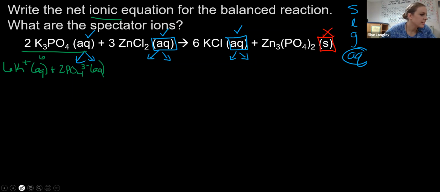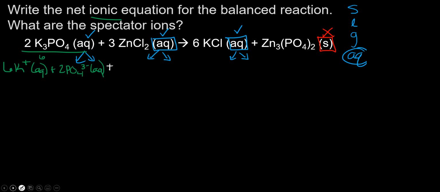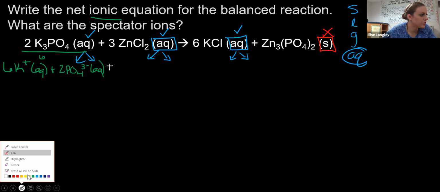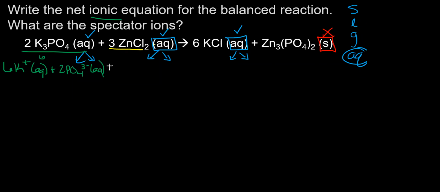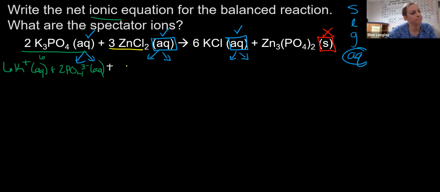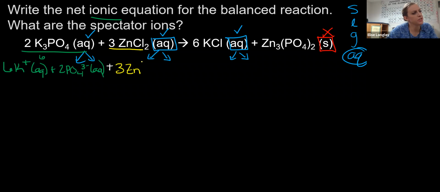Milan, what's next? We have to dissociate the zinc chloride. Okay, why did you choose to dissociate the zinc chloride? Because it was aqueous. Because it was aqueous, so walk me through it. So it'd be 3 zinc, so Zn3. All right, and 3 zincs and what charge?